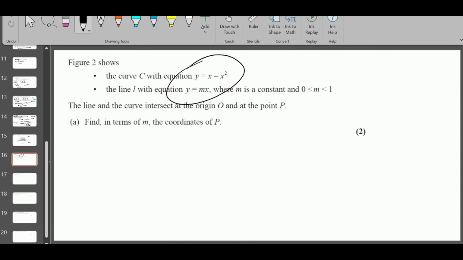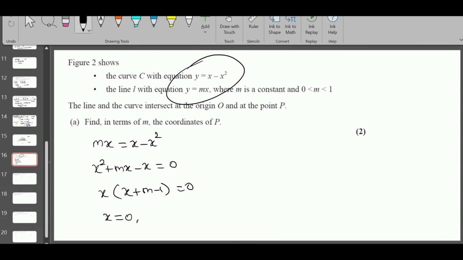Just solve these two equations. mx is equal to x minus x square. Move everything one side. x square plus mx minus x is 0. Take x as a common factor. x times x plus m minus 1 is 0. So x is 0, that's the origin. And x is 1 minus m.